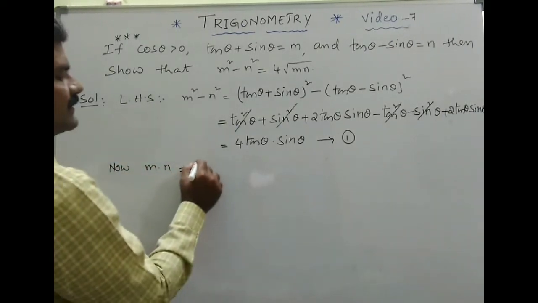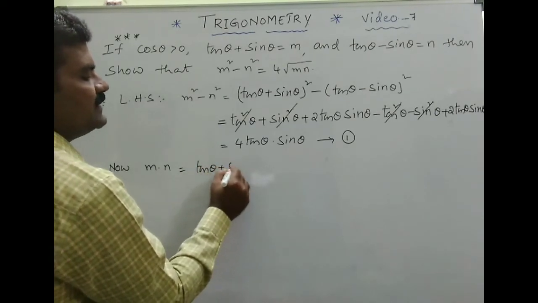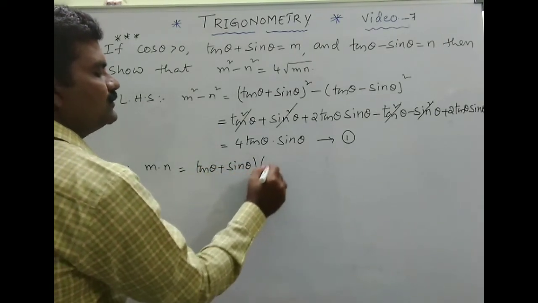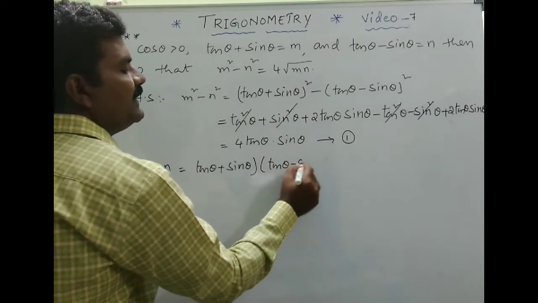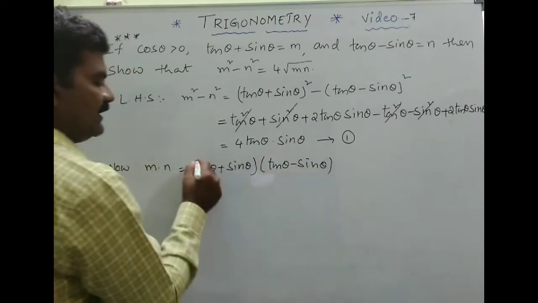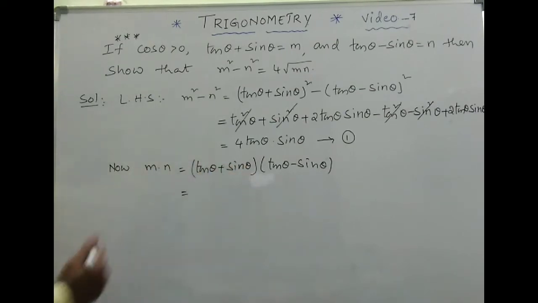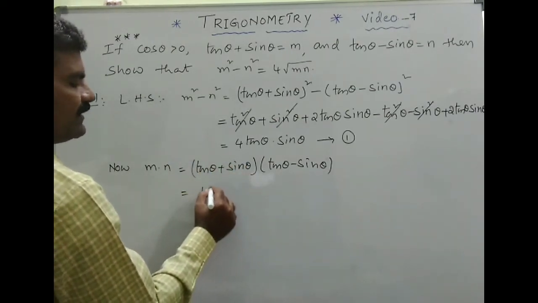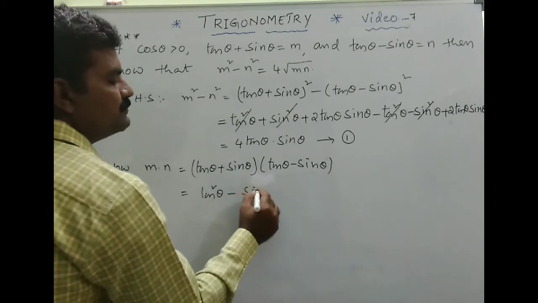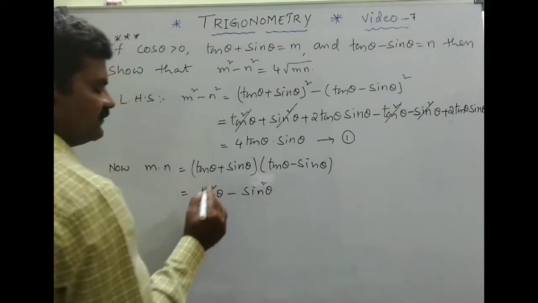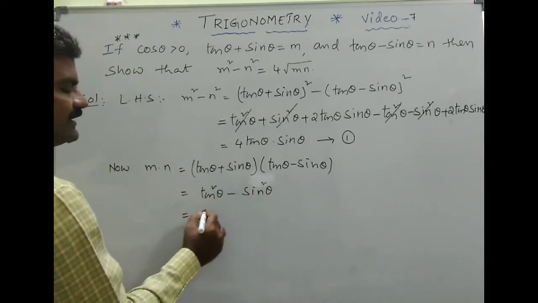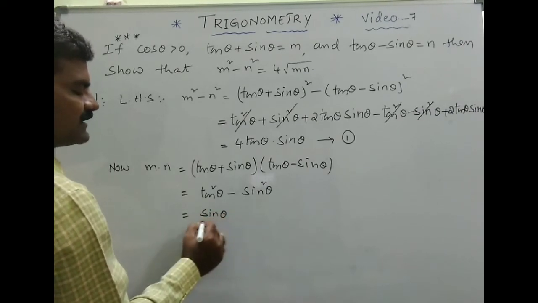M into n, that is (tan theta plus sin theta) into (tan theta minus sin theta), using the m and n values. (a plus b) into (a minus b) is a square minus b square. So basically tan square, can we write sin by cos?